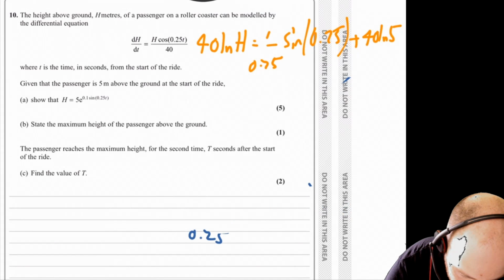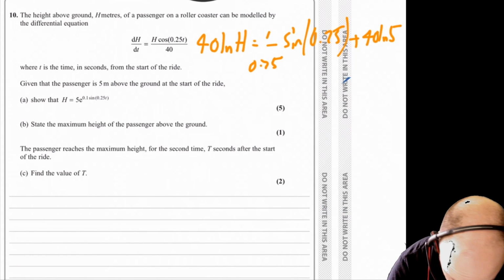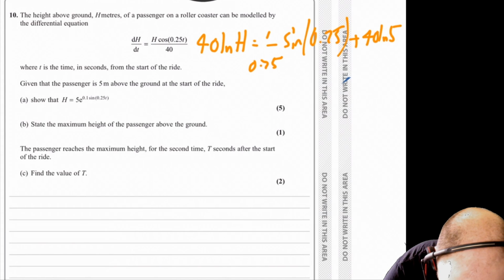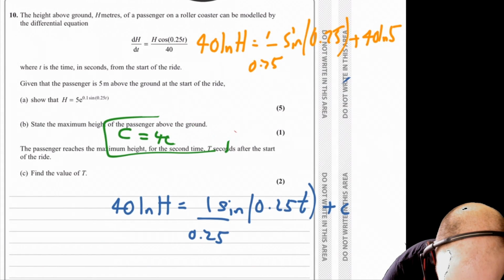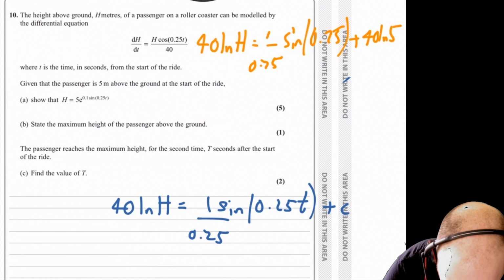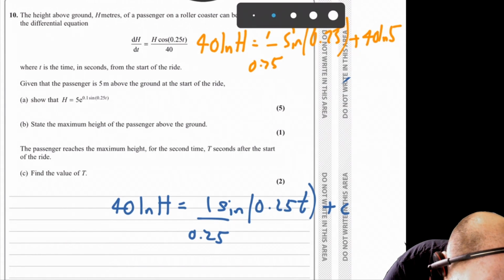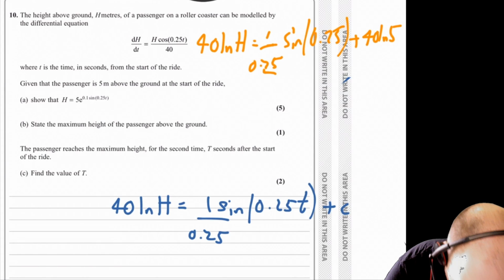So yeah, I'm going to collect all of my, I've got 0.75 there? Okay, yeah, that's 0.25 then. Cool.